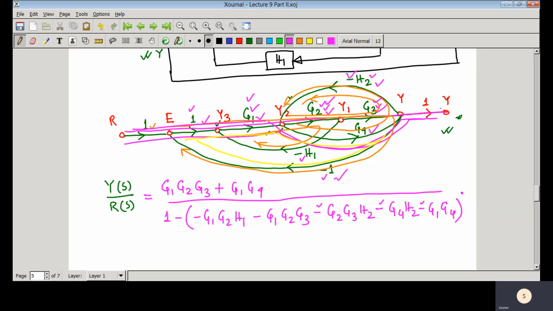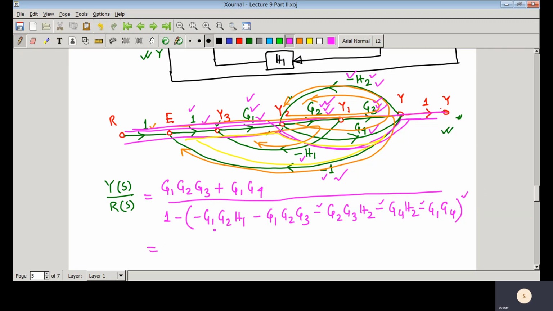So these are all the individual loops, and from this particular signal flow graph you can see that there are no 2 non-touching loops or 3 non-touching loops. So we can stop here for delta.